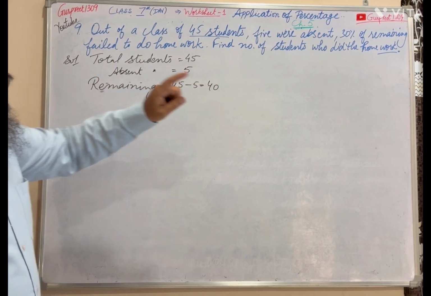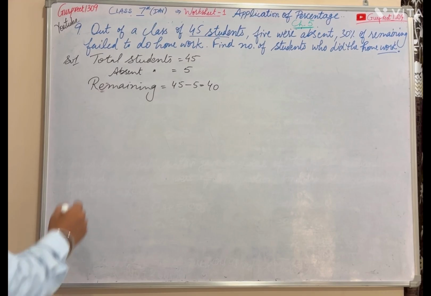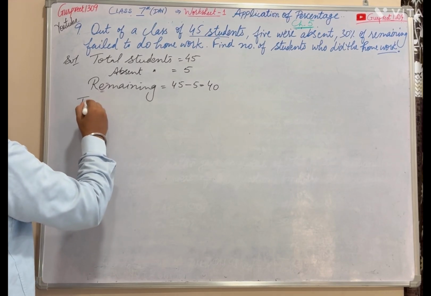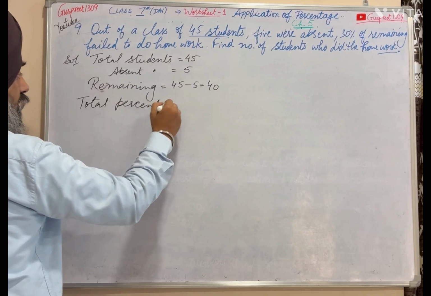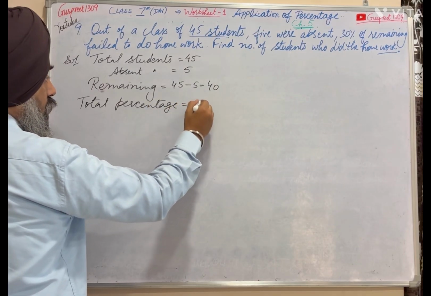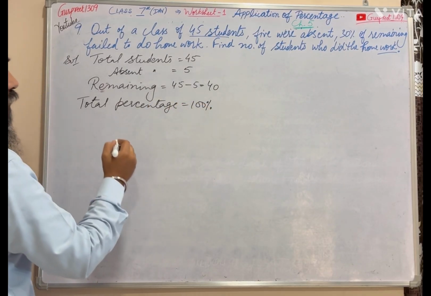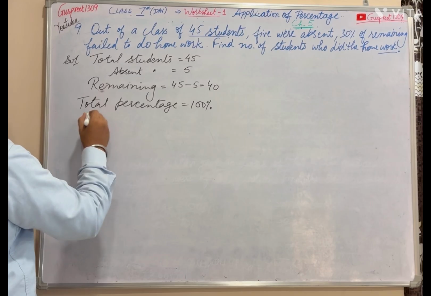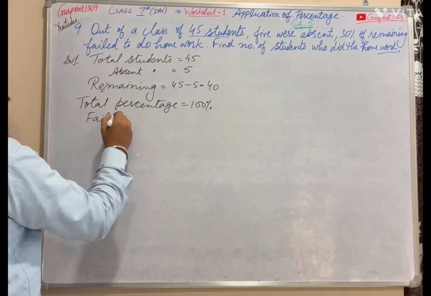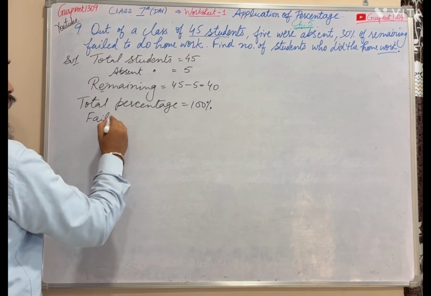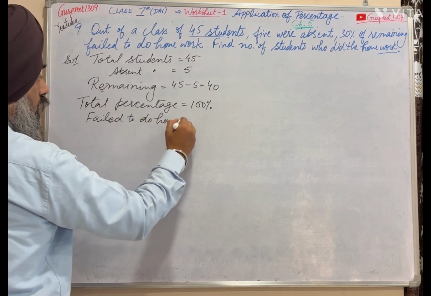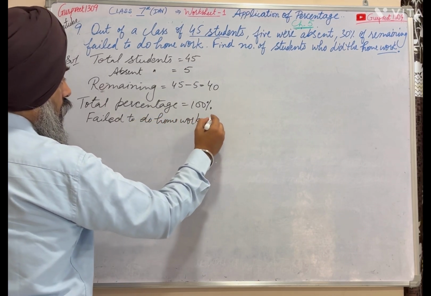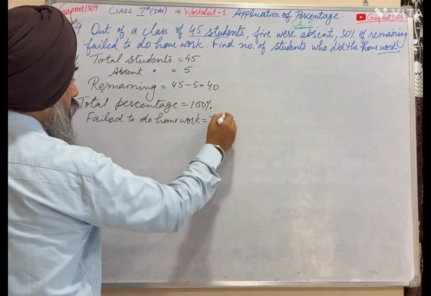Now 30% of the remaining failed to do the homework. So the total percentage is again the same, 100%, right? Failed to do homework, that is 30%.